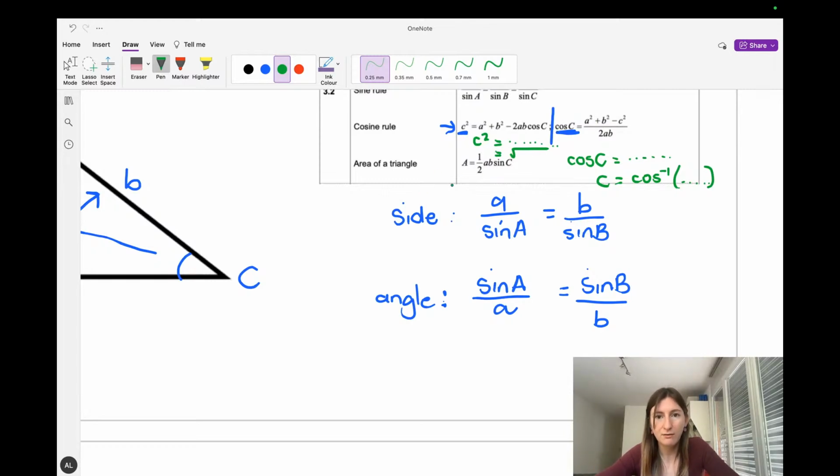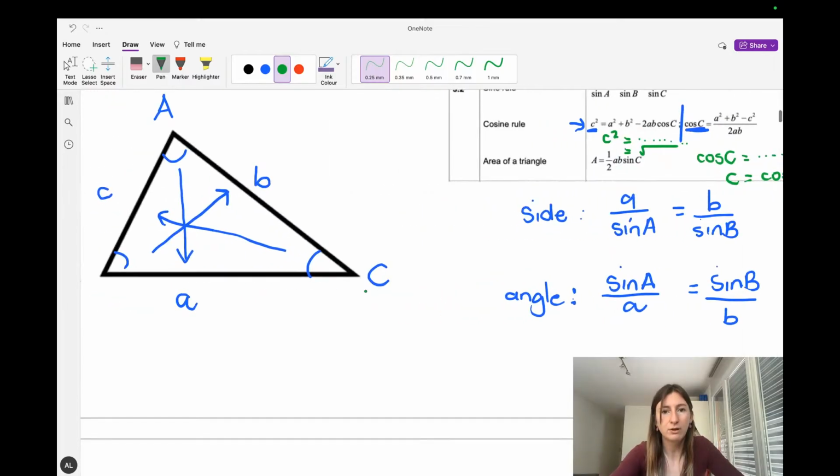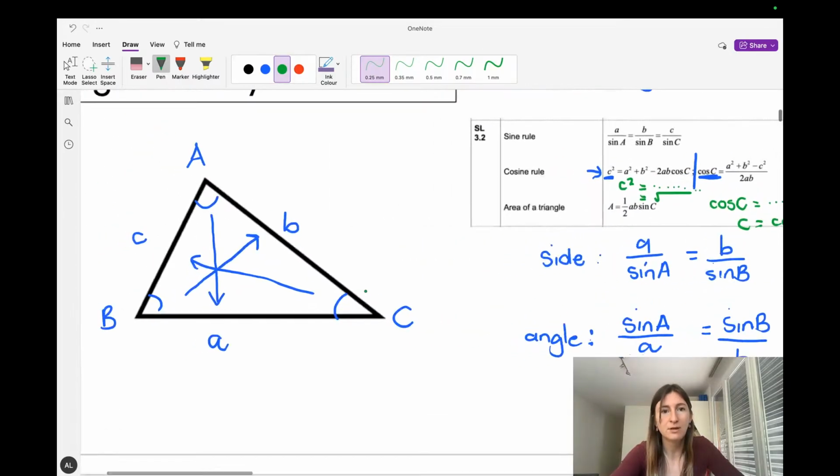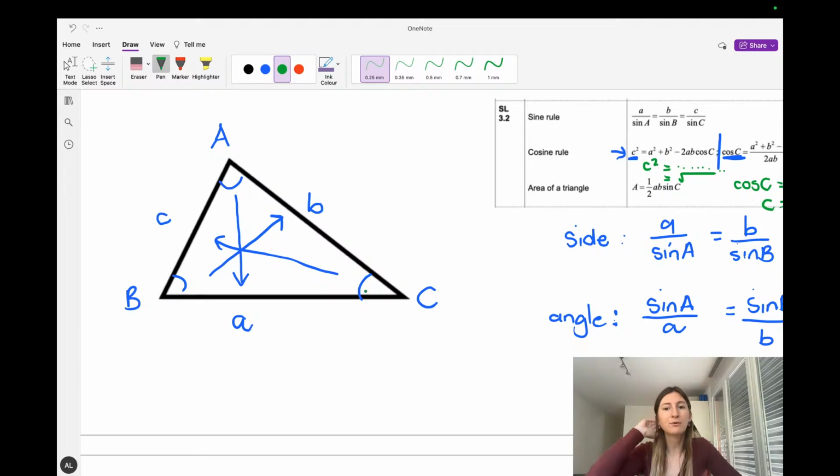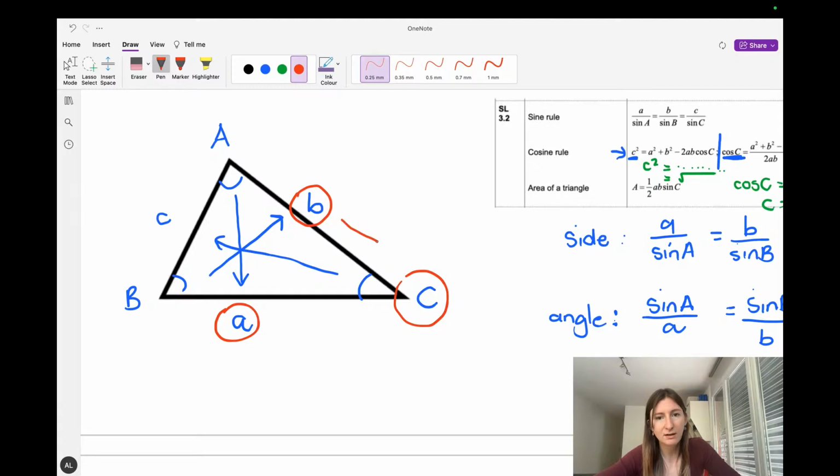And for the area of the triangle rule and cosine rule, they only work with what we call the included angle. So if I'm using the cosine rule or the sine rule, let's say I have this side, and the angle I'm working with, it has to be this one, the one that's included in the middle of those 2.